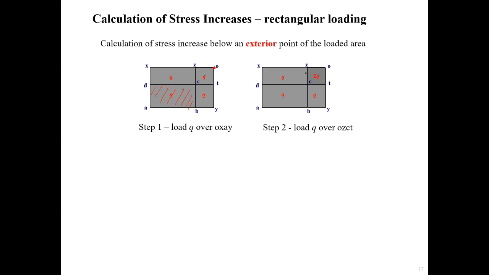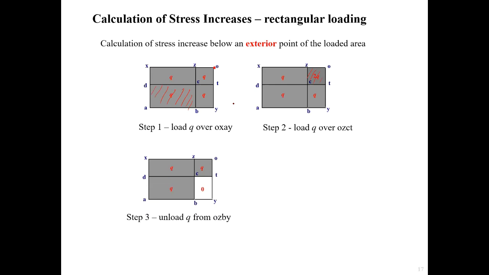So we add the loading over OZCT. Originally that's Q. If we add another Q, that becomes 2Q. Now we start to unload the Q from OZBY. This one is now 2Q and that's Q, so 2Q minus Q gives us Q. And this one, Q minus Q, so here we no longer have loading at all.